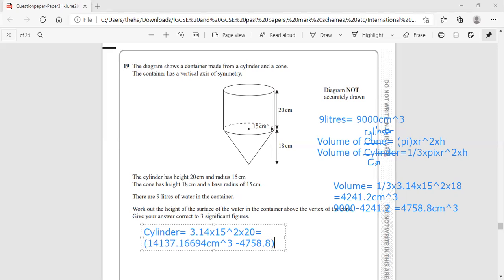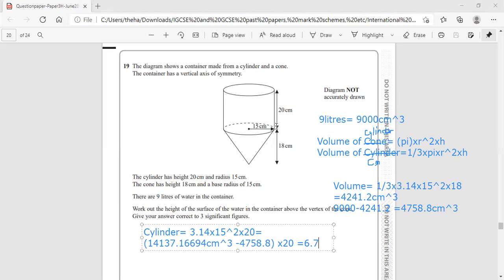And what we can do is multiply this by the length here, which will work out how high it goes up the cylinder. So let's put that into our calculator, and that will give us 6.4 centimeters.